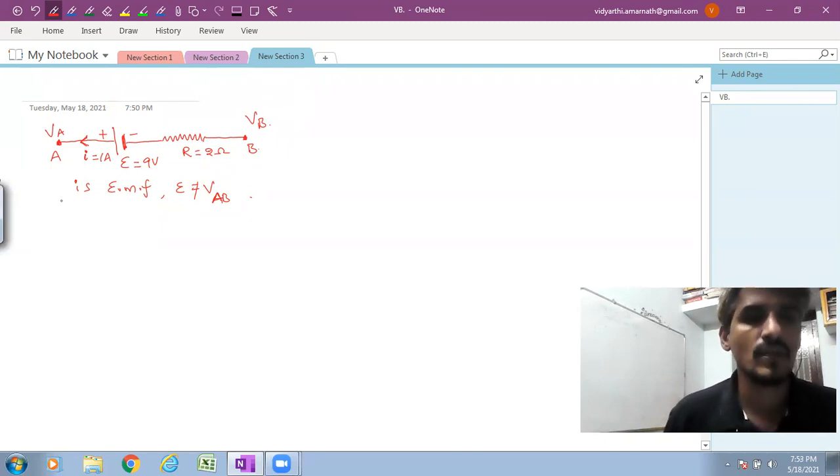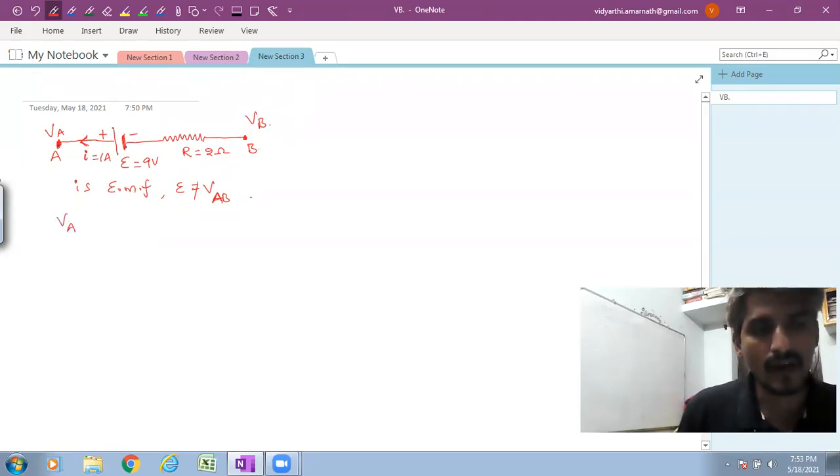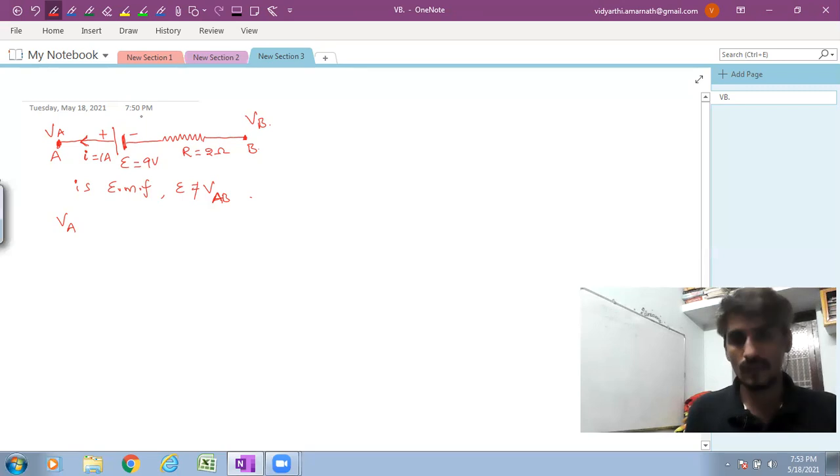Let us discuss how it is correct. At point A, the potential is VA. When the electron is passing from A to the positive terminal of the battery, and then from the positive to the negative terminal, what happens? There is a drop in the voltage.